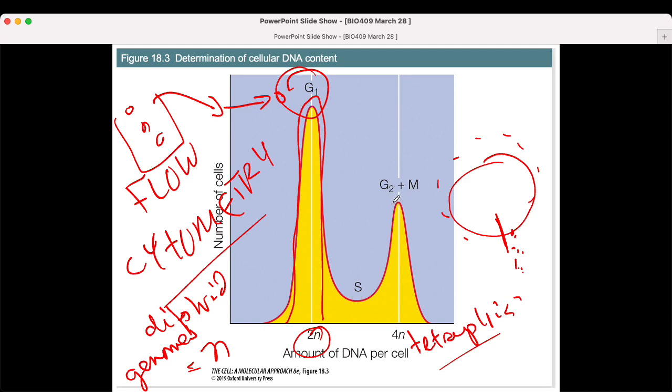And then as they go through M phase, they go from tetraploid back down to diploid. So this is just a flow cytometer that measures the depiction of the cells moving through the cell cycle. And it's not measuring the mitotic index, it's just measuring that distribution.